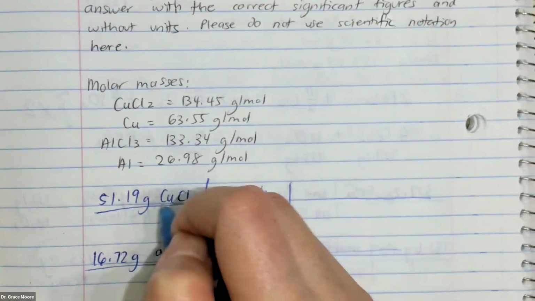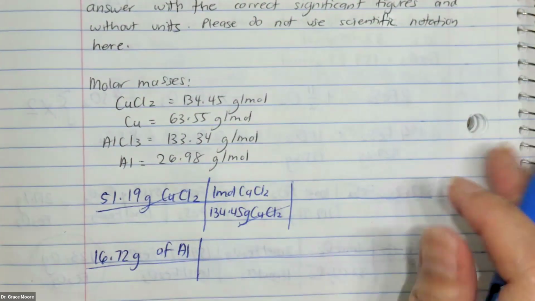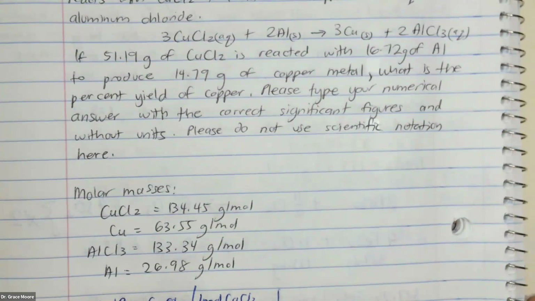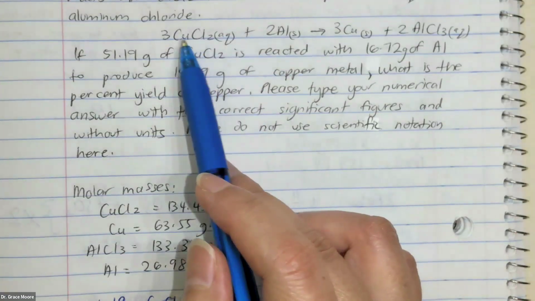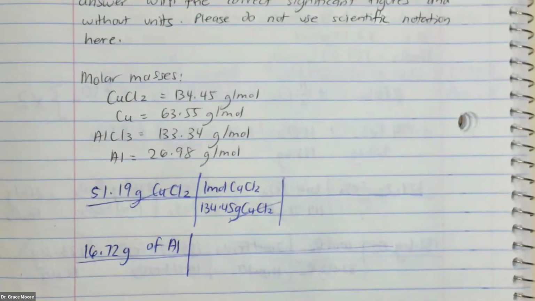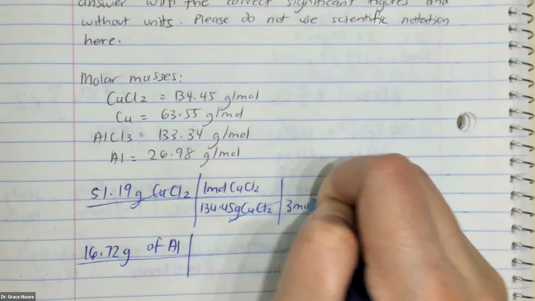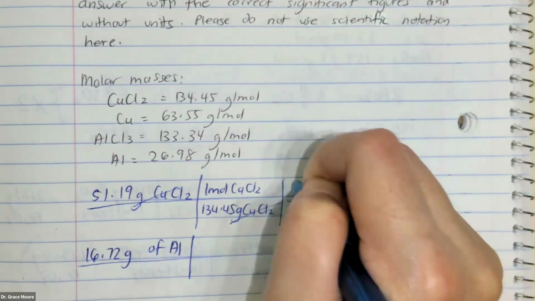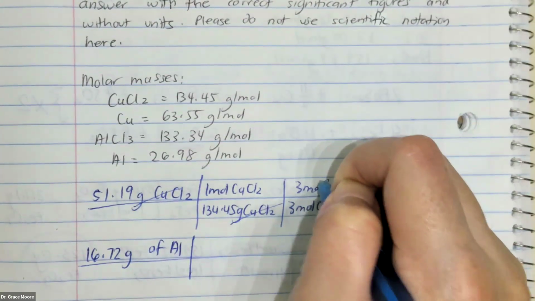So in this case, I just use the molar mass, turn it to moles, and then I look at the equation. I have CuCl2, that's 3 moles, and then I will get 3 to copper. So it's 3 to 3. 3 moles of CuCl2 to 3 moles of Cu.